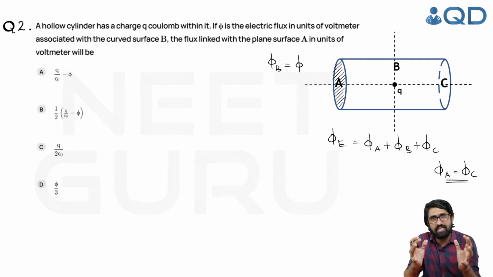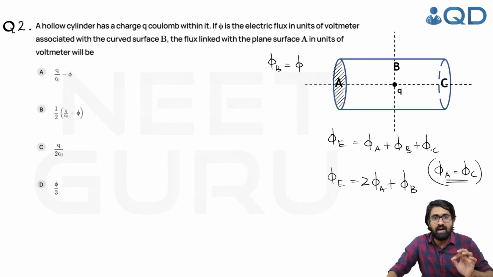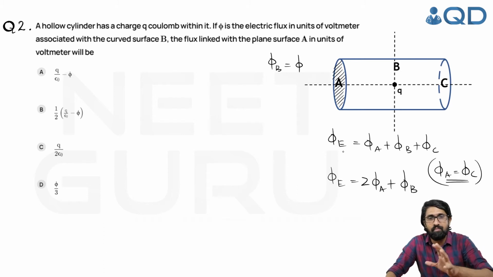So based on that, we can say that the flux passing through the plane surface A will be equal to the electric flux passing through the plane surface C. So phi A is equal to phi C. If that is true, this equation here would become phi E is equal to 2 phi A plus phi B. And that is because I can replace phi C with phi A, and then it would become phi E is equal to phi A plus phi B plus phi A, that is 2 phi A plus phi B.